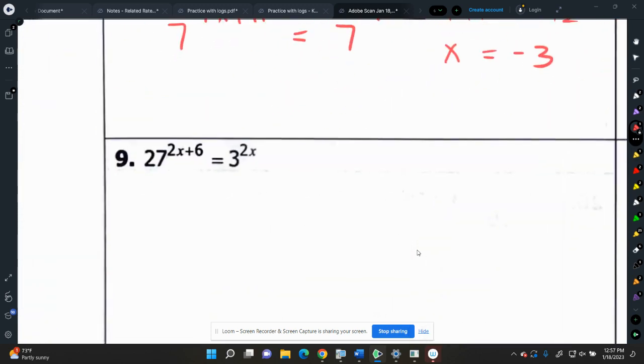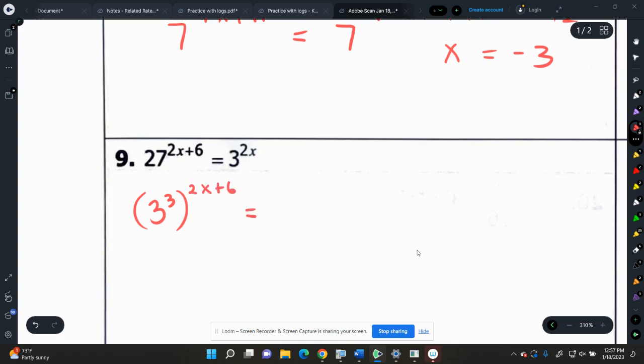Okay. So 27 is 3 to the third. So I'm going to put that in parentheses because that whole thing is raised to the 2x plus 6. Now we have to do what with these exponents? Multiply them. So this is 3 to the 6x plus 18 equals 3 to the 2x.